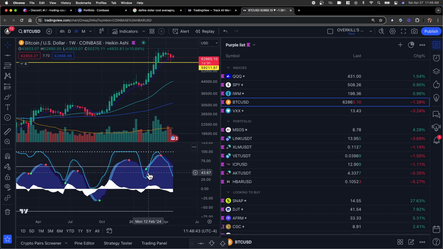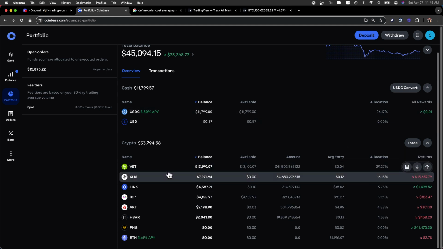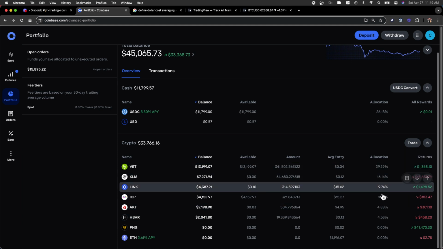I'm a lot more confident putting the rest of my cash position into these names to grow my positions, to get larger positions and average down and get these allocations to where I want to be.